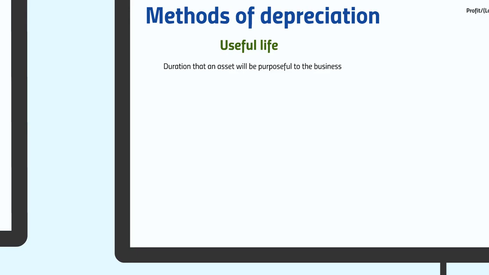Now, most tangible assets have useful lives that are limited to between 2 and 20 years. And all these assets are subject to depreciation, but it doesn't always correspond with how long the asset will actually last. So you could have a computer that could physically last for 20 years, but due to the speed of technological advancement and changes, the computer might only be truly useful for about 3 years.